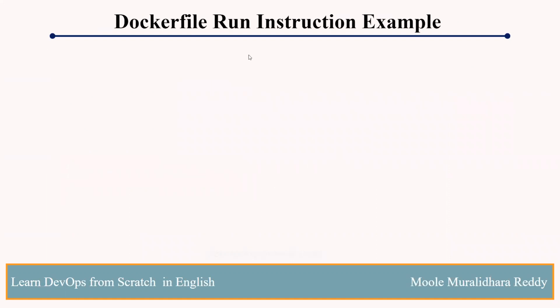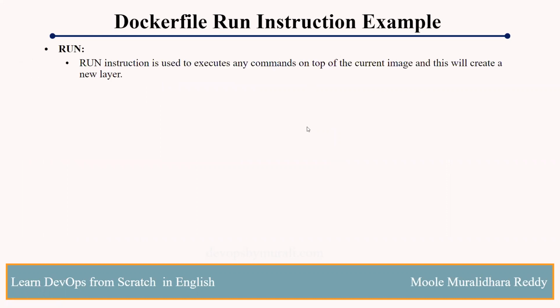Okay, and coming to the RUN instruction. With the RUN instruction, if you want to run any command on top of a particular image, for example, you have taken the base image, and you want to create another image, you can use this RUN instruction. The RUN instruction has two forms: one is shell form, the second is executable form.